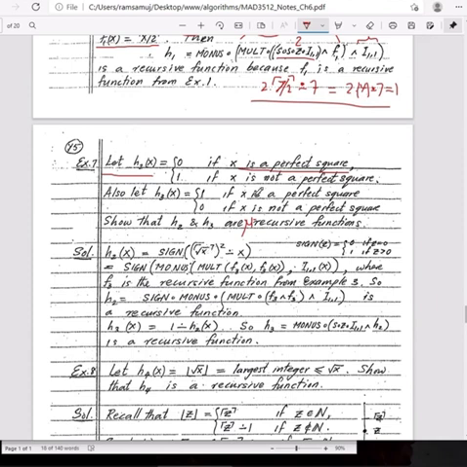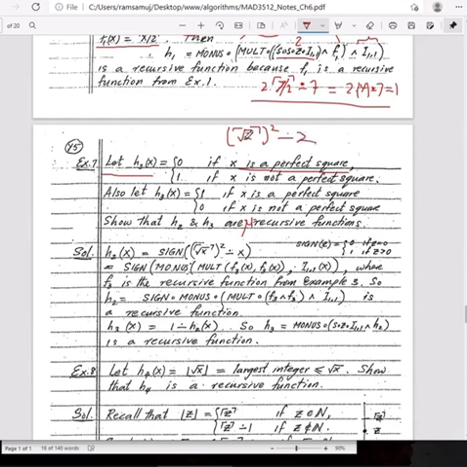So you take square root of 2. Then you take the integer part, the ceiling function of it. And then you square that. And then you subtract the 2, right? What do you get?